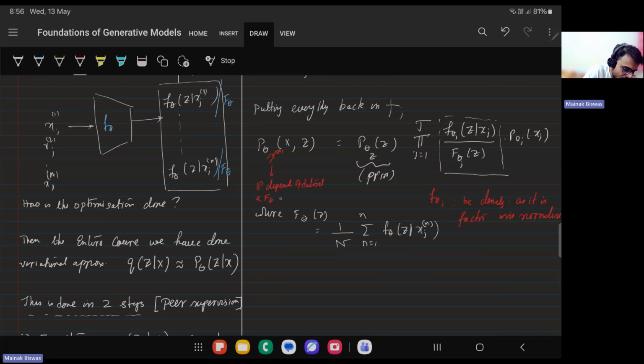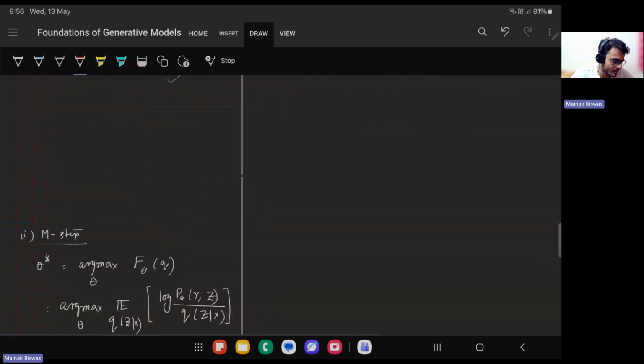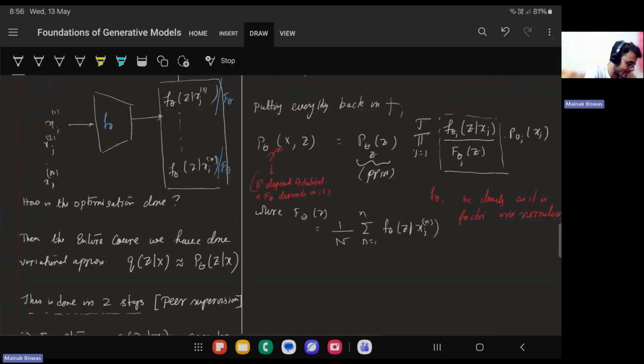So now let us try to find out the likelihood. I think we'll have enough space to do the likelihood.